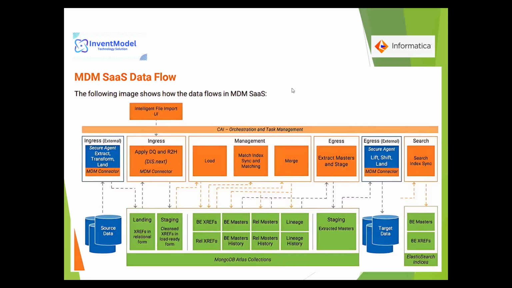Moving on, we have segregated this into different parts. The first is the ingress part, where we are doing the data ingestion. Here we try to maintain the quality of the data using DIS. DIS means Data Integration Services.